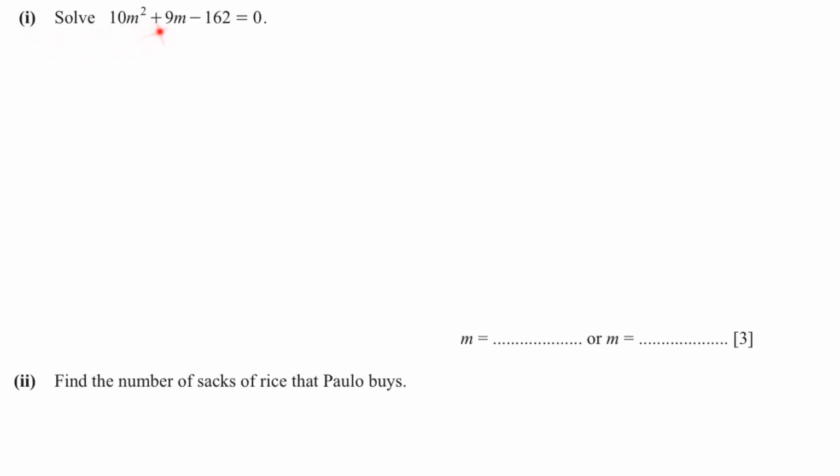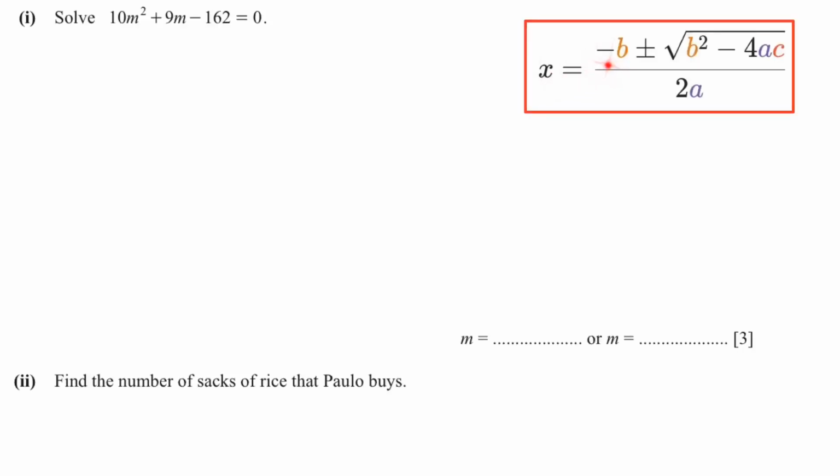Solve 10m square plus 9m minus 162 is equal to 0. This is a quadratic equation. We'll use the quadratic formula to solve it, which is x is equal to negative b plus minus square root b square minus 4ac over 2a. A is 10, b is 9, and c is negative 162.